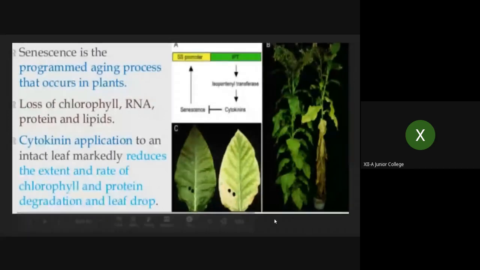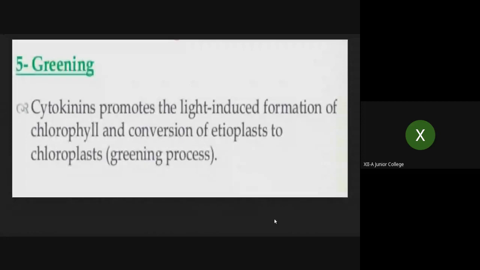So cytokinins promote the light induced formation of chlorophyll and conversion of etioplast to chloroplast. So the greening process takes place. Not actually from yellowing to greening, but it reduces the rate of maturation or yellowing, that is the senescence.